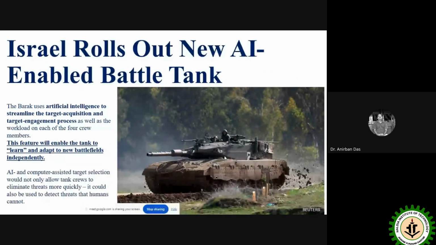Like you can see one battle tank here that is AI-based. This tank can adapt to the environment of any particular war field, and independently it can train itself or learn what to do and what the targets are. So automatically it can predict what exactly the decision should be.